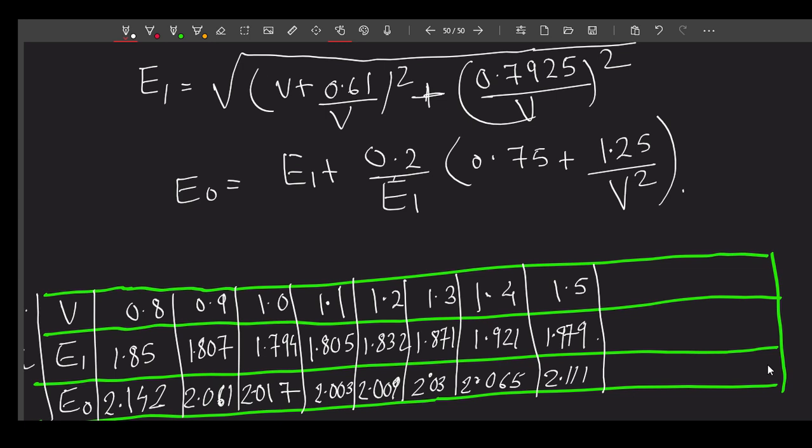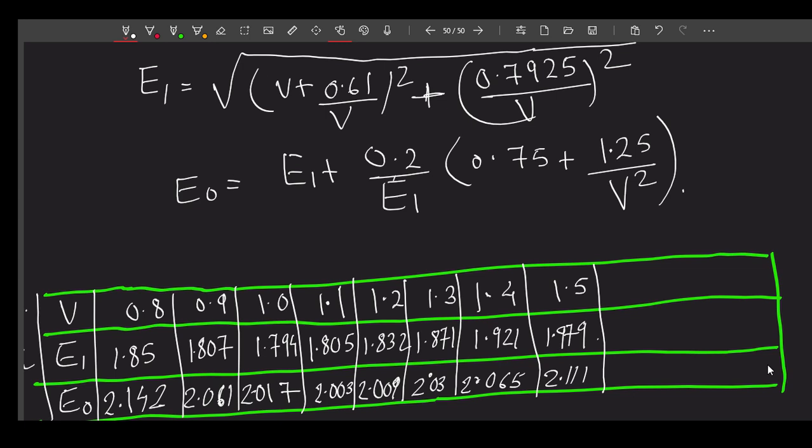If you consider these values, see 1.85, then 1.907, then this. So things are pretty surprising, isn't it? You have to figure out what is wrong with this.